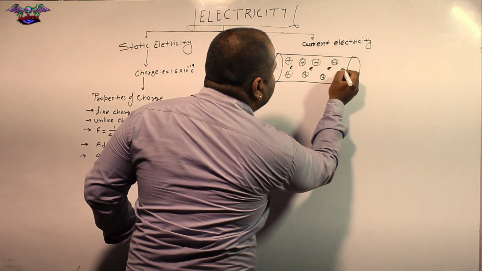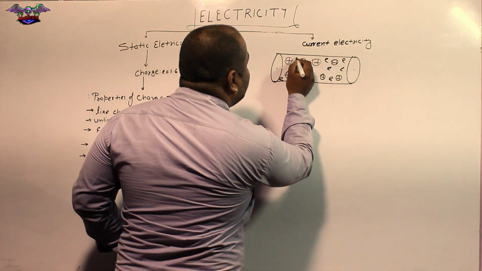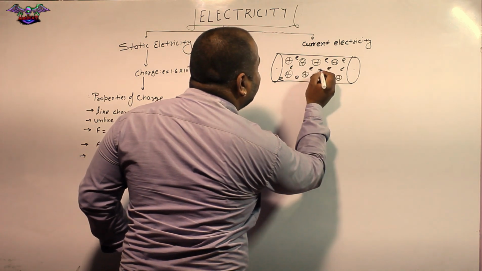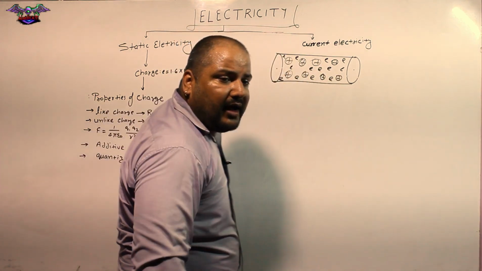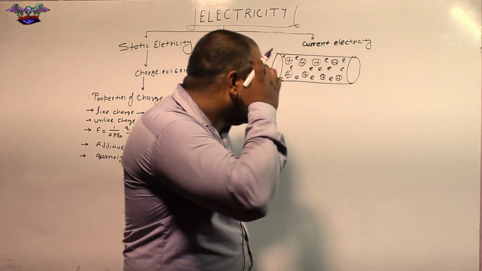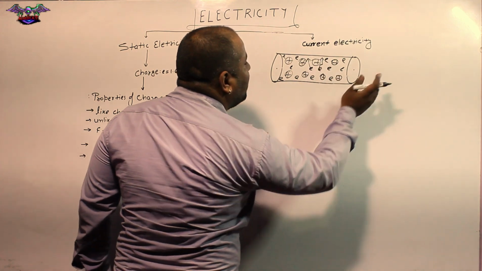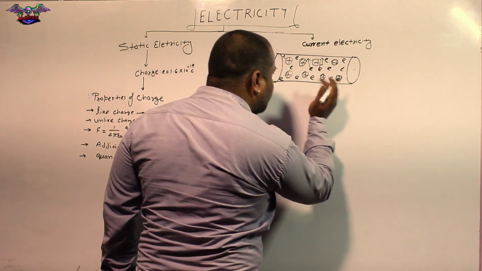For example, these are the free electrons. Free electrons are those which have no business with the other atoms, no attraction or repulsive forces. So these electrons are free to move in the whole of the metal.